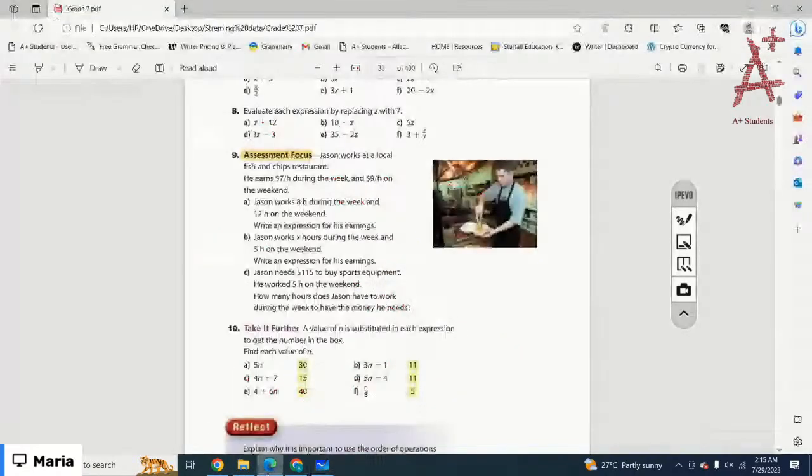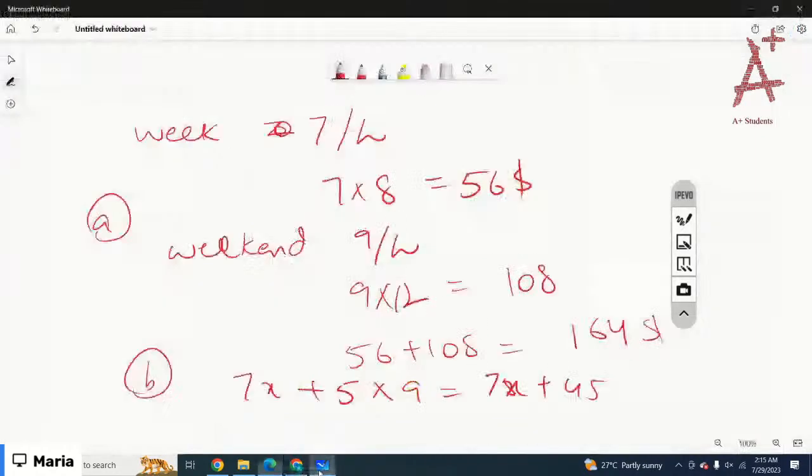Okay. C part is, Jason needs $115 to buy sport equipment. He worked 5 hours on the weekend. How many hours does Jason have to work during the week to have the money he needs? Okay. He did 5 hours in the weekend. Got it? That means it is 7x plus 9 times 5 is 45, and that equals 115 because he needs to earn $115.